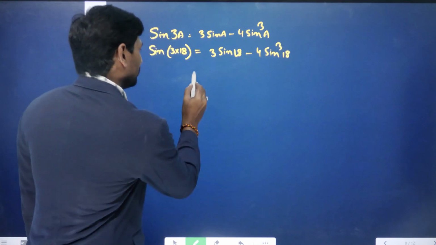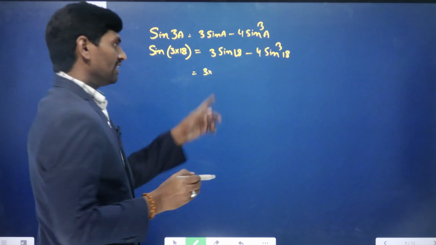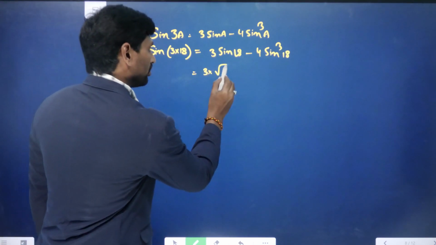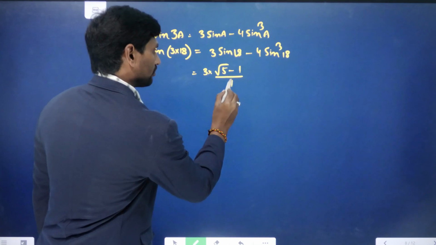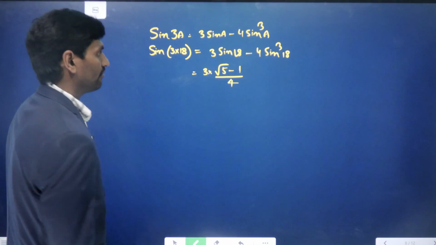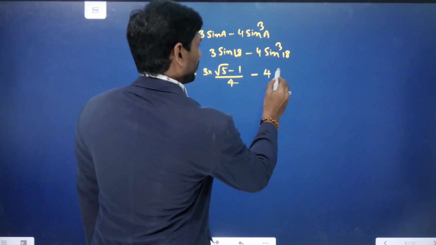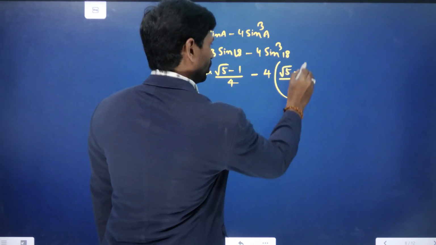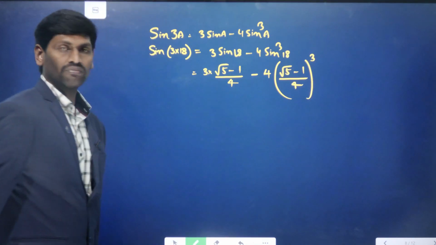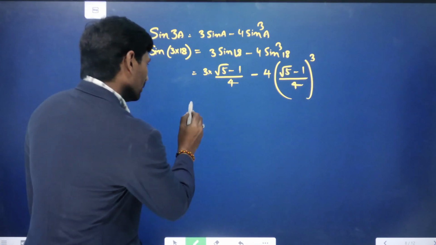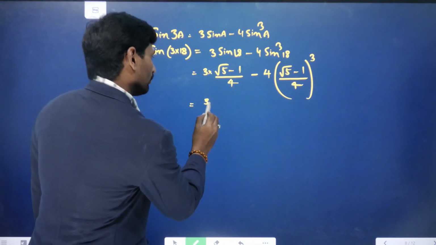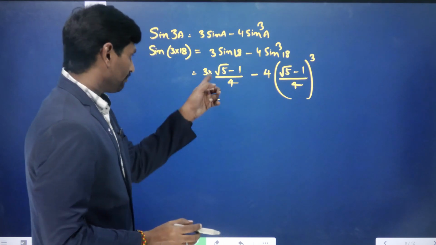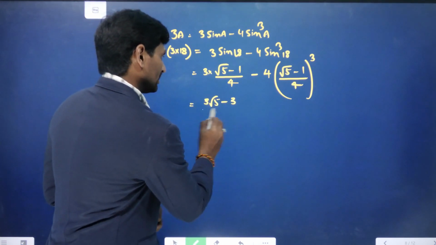That is equal to 3 times sin 18 degrees, which we just found, root 5 minus 1 by 4, minus 4 into root 5 minus 1 by 4 whole cube. That equals 3 root 5 minus 3 by 4, just I multiplied with 3.